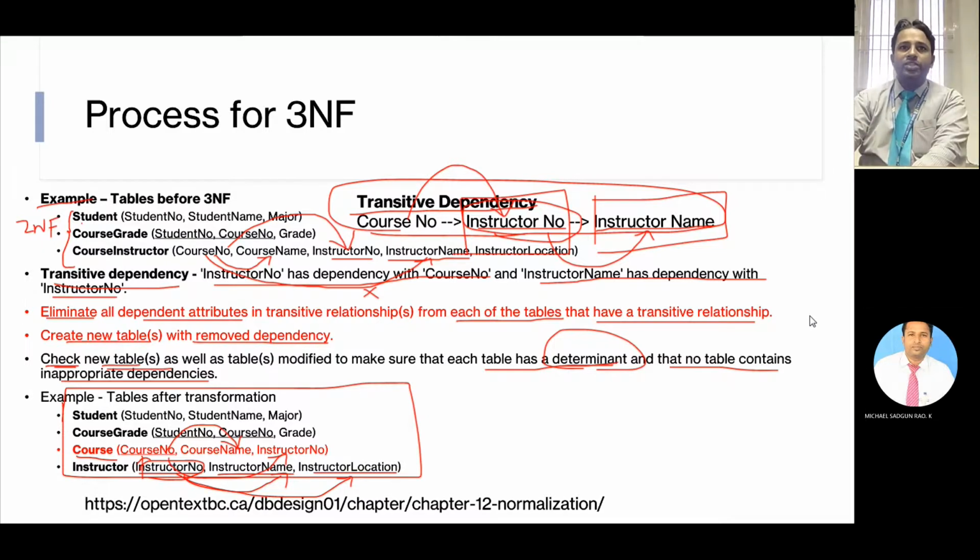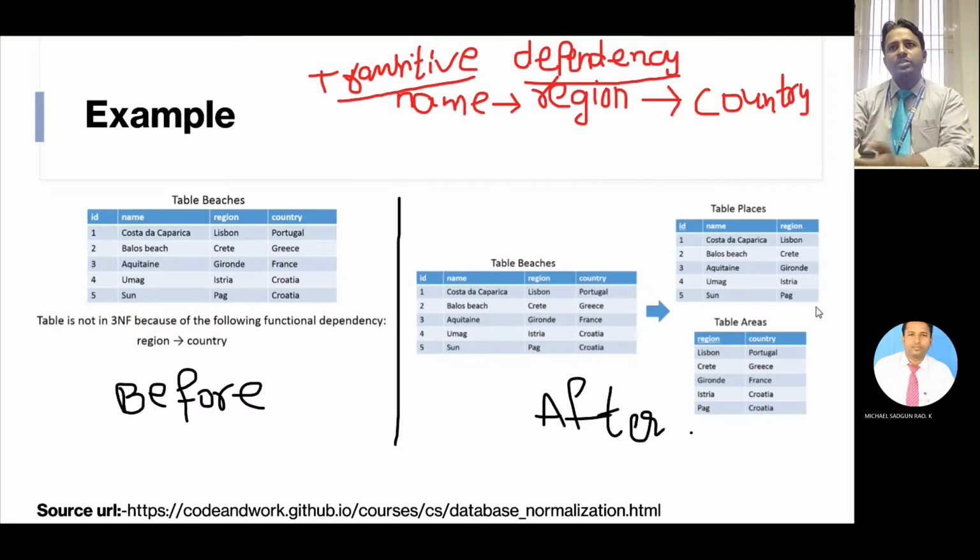No transitive dependency. For another example, we have a table, beaches. The beach table has the list of beaches and the region, country, as well as ID.